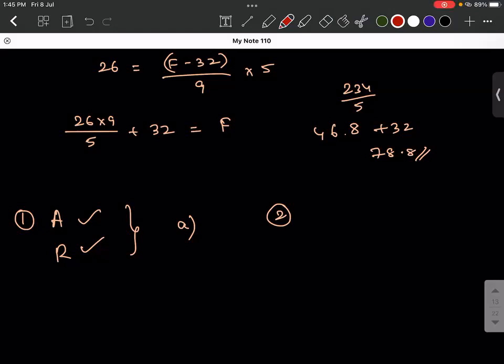Is it right? Yes, sir. The linear equation ax plus b can be expressed as a linear equation in two variables as ax plus 0y plus b. So A is true, but B is false. So option C.